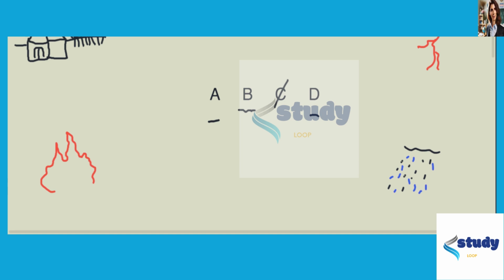In option B, we are told that ecosystems cannot bounce back from these disturbances. Now, just stop and think for a moment about whether or not this is true.